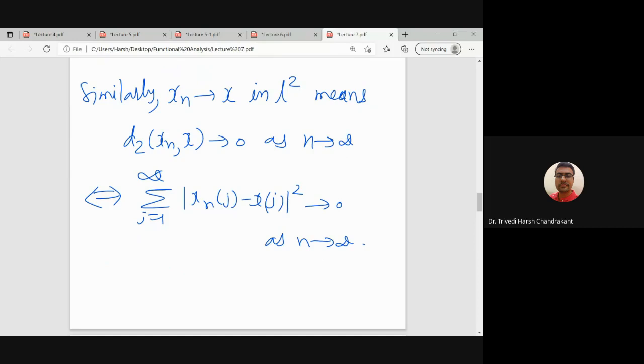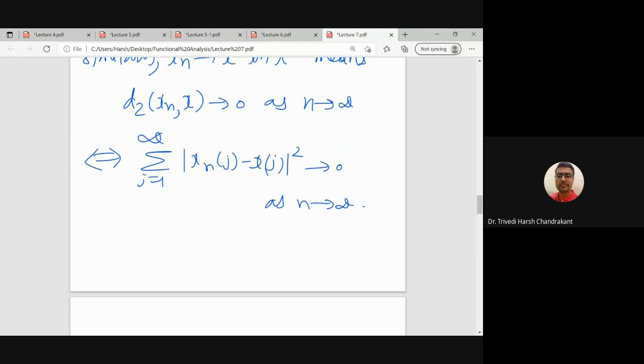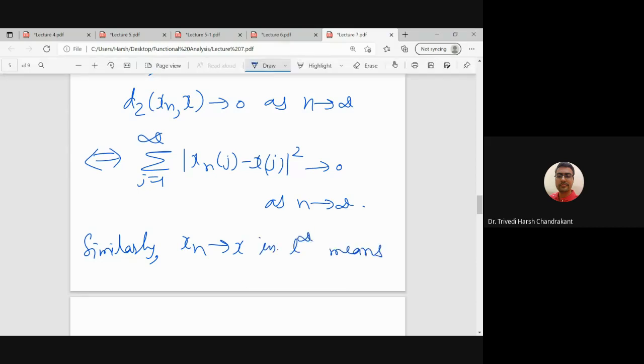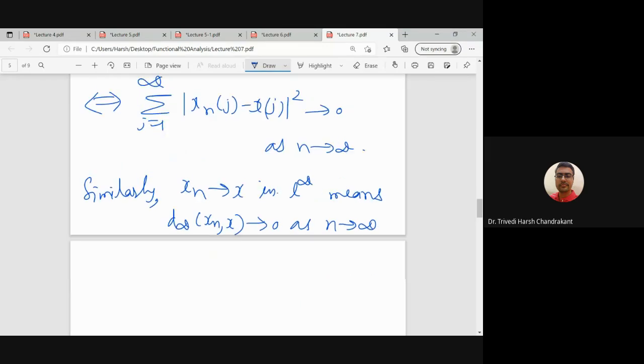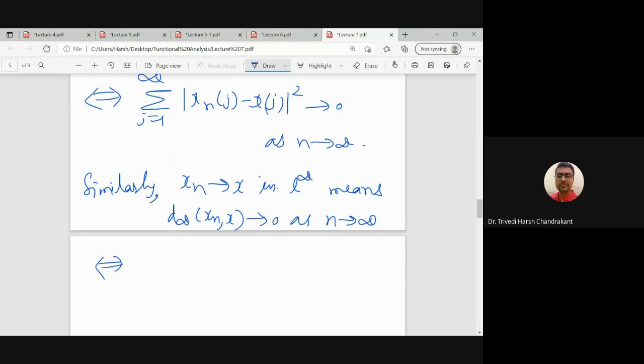So this is the d2 distance, the d2 metric. And the last one: xn converges to x in L infinity means in the sup metric, xn minus x goes to 0 as n tends to infinity. So that is basically the supremum of xnj minus xj goes to 0 as n tends to infinity.